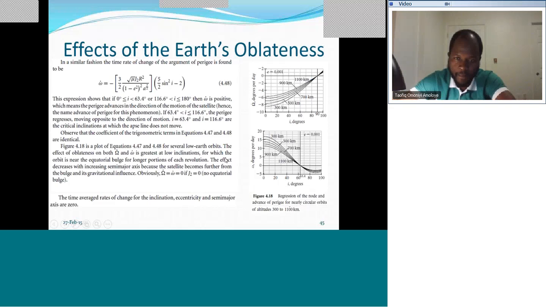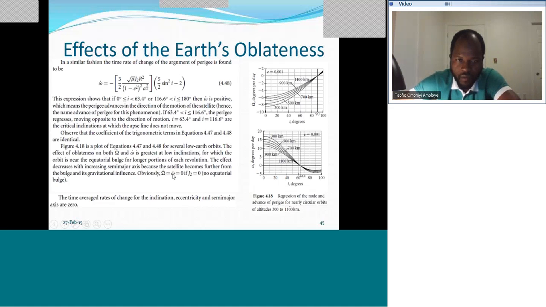The same can also be observed with the small omega dot here. This is because as the orbit moves away from the equatorial bulge, the effect of the equatorial bulge starts waning off. The effect also decreases with increasing semi-major axis because the satellite becomes further from the bulge and its gravitational influence.